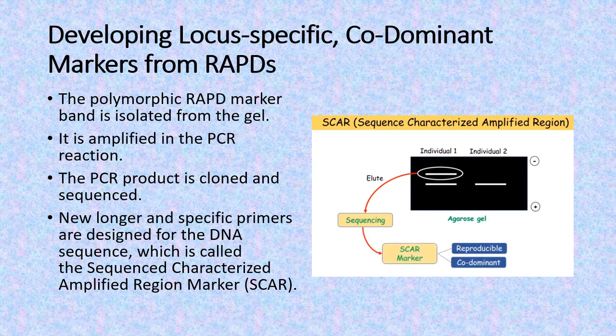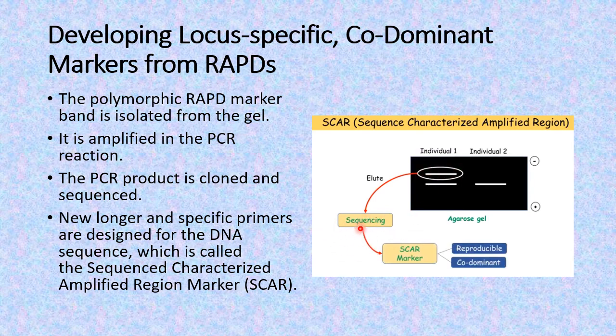And one such modification is SCAR, that is the sequence characterized amplified region. The SCAR technique is a technique of developing locus specific codominant markers from the RAPDs. What is done for this process is that from the gel, a particular segment is eluted, and that particular segment is sequenced.